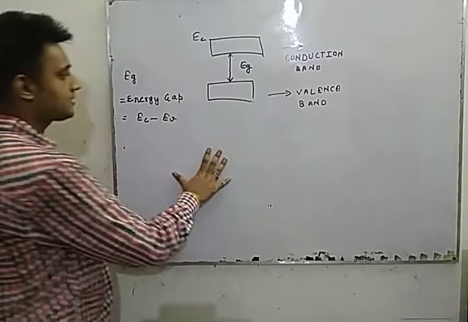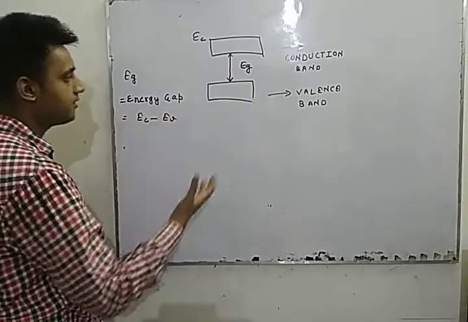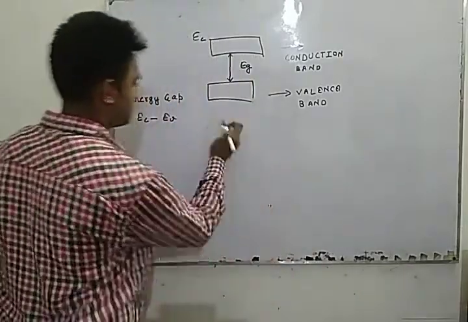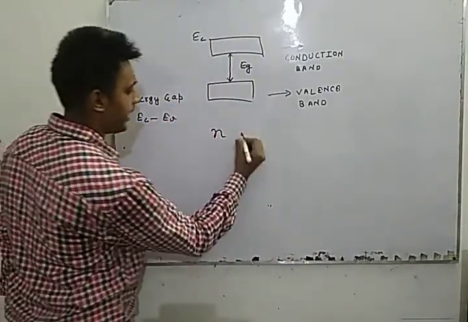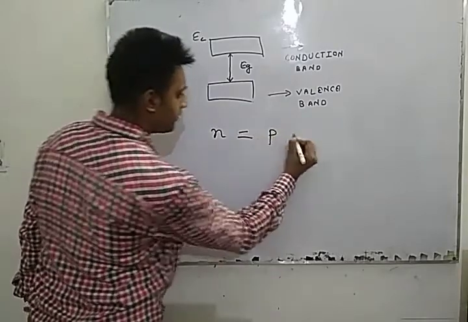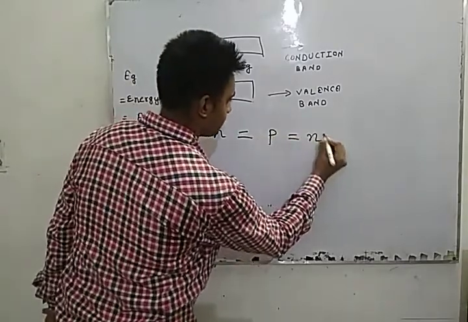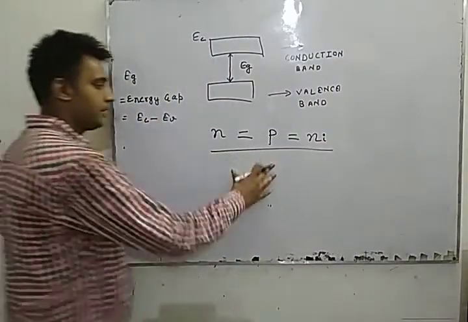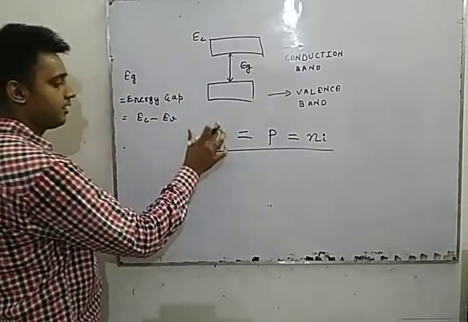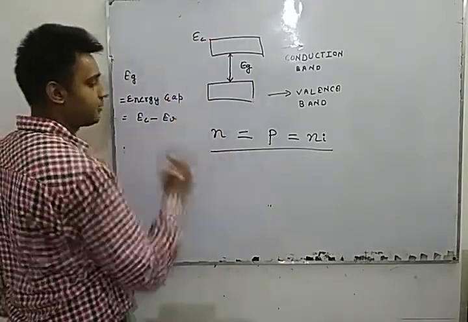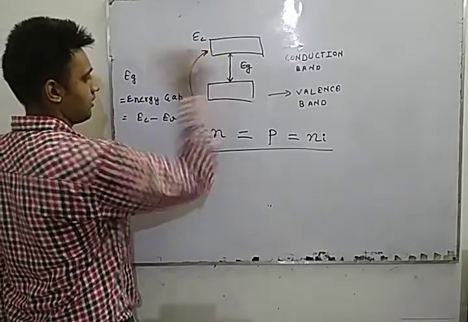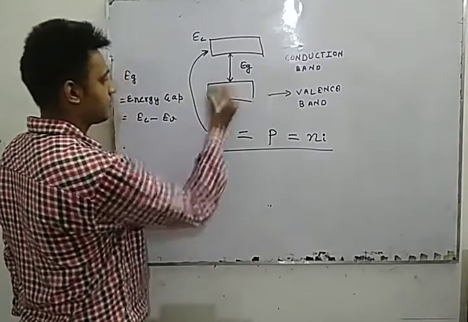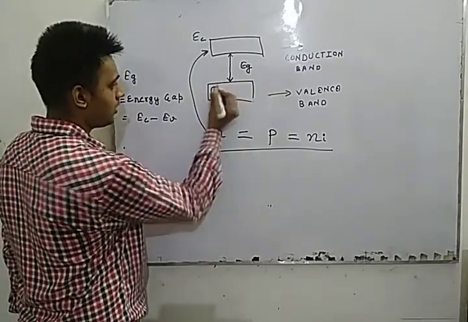So let's talk about the energy band in more detail. Now we see the new terms N, P and Ni. Here N denotes the number of electrons in the conduction band. P denotes the holes.